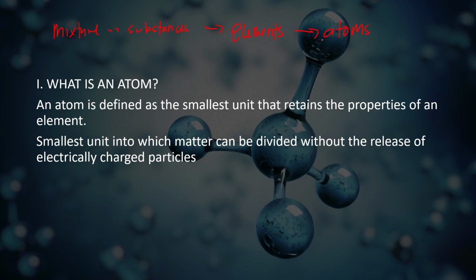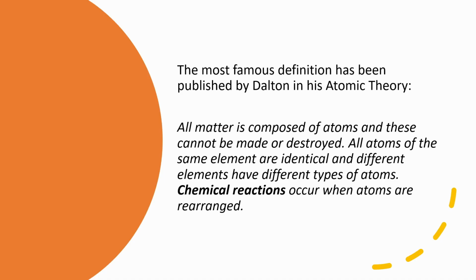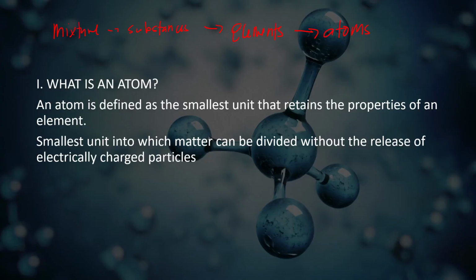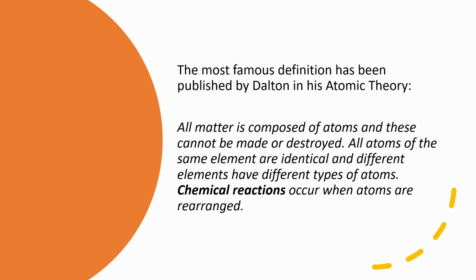Atoms are the smallest form of matter that gives an element its properties. However, atoms do have more fundamental particles. What makes up atoms are the protons, electrons, and neutrons, which we will be discussing in a next slide.